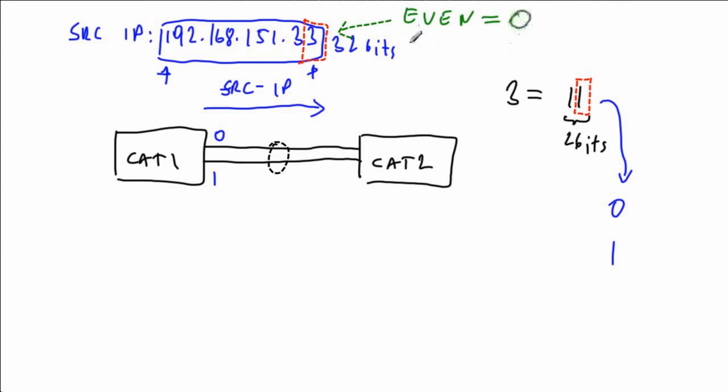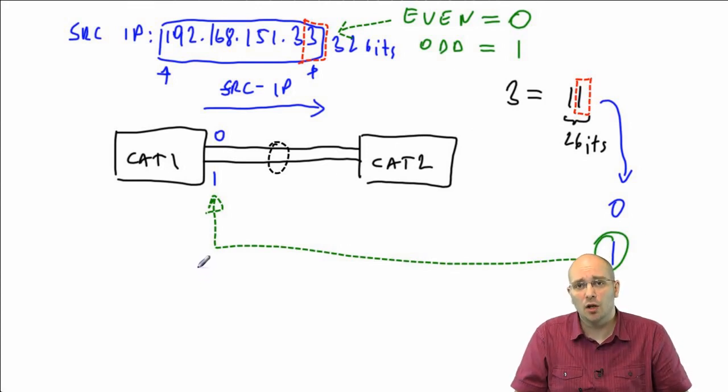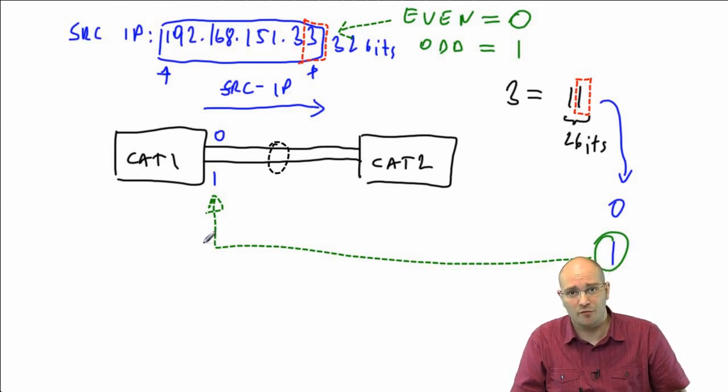If this IP address is odd, this bit will have value of 1. So we are dealing here with an odd IP address, which means that this bit will have value 1, which in turn means that I'm going to end up using link number 1. This holds true if I'm using a single bit or if I'm using multiple bits of information.